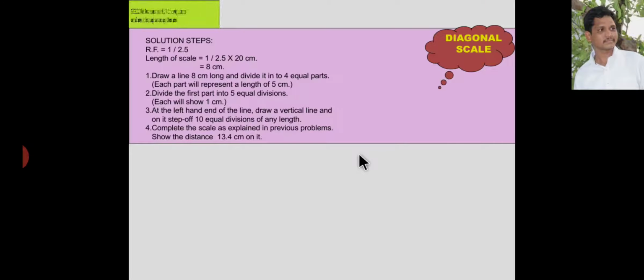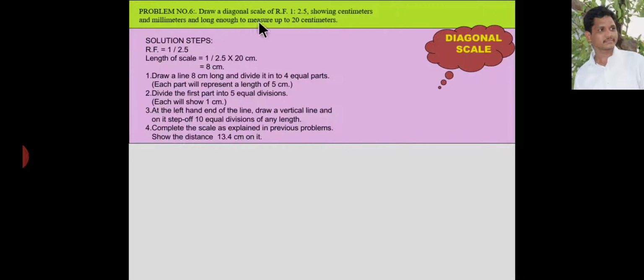Now coming to another problem. Draw a diagonal scale of RF 1:2.5, showing centimeters, millimeters, and long enough to measure up to 20 centimeters. So in this case RF value is 1/2.5, and the maximum distance up to measure is 20 centimeters.